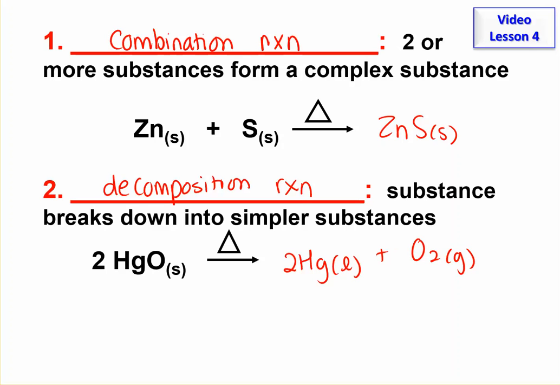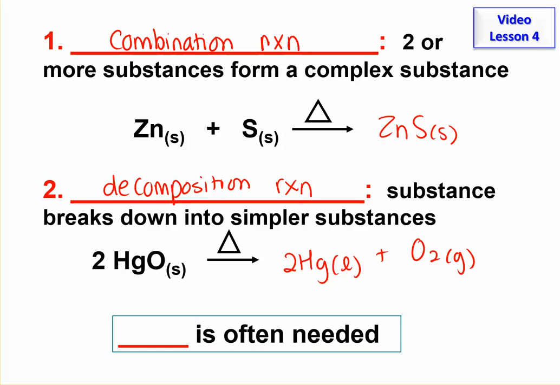These types of reactions are not easy to predict products, so I'm giving you those, but you should be able to see that this one is combination and this one is decomposition. That's pretty easy. Something you need to know, decomposition often requires heat.